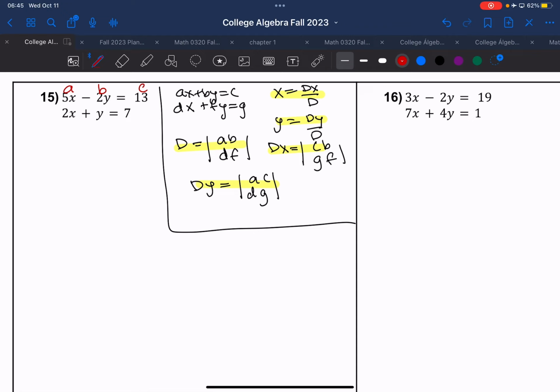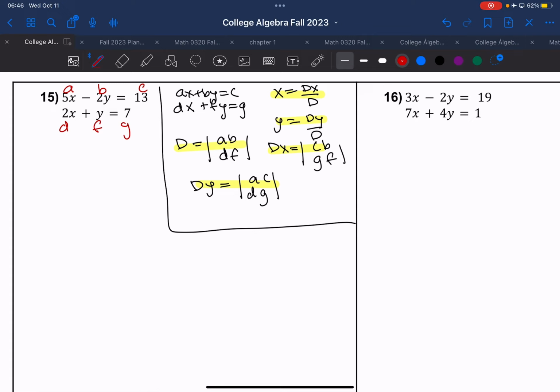And then we're going to label the same thing with our second equation, but we're going to be using D, F, G. And again, I'm changing out the variables for the second equation so we don't get confused with the first. I wouldn't want to use A, B, C again, because then we would get confused. So for this one, D is 2, F is 1, and G is 7.